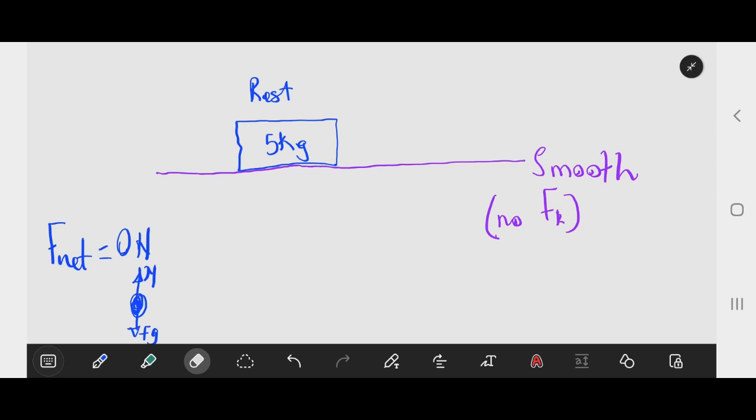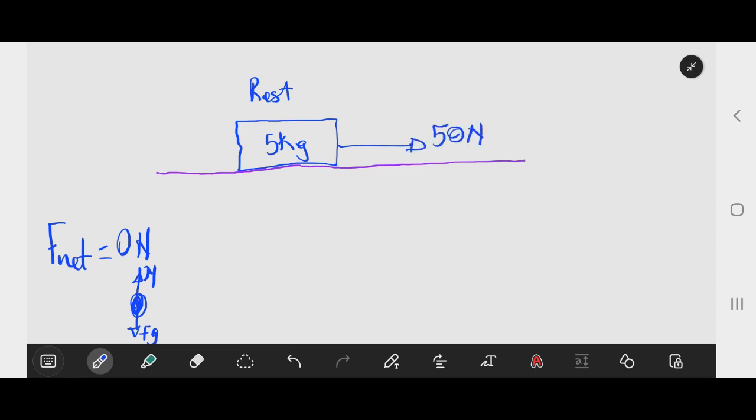So what happens if we try to apply two forces at the same time on this object? For example, we apply a force of 50 newtons to the right and a force of 50 newtons to the left, assuming we are applying these forces at the same time.